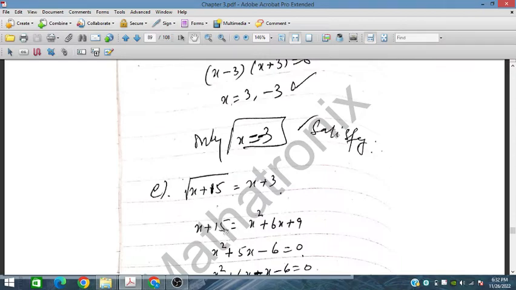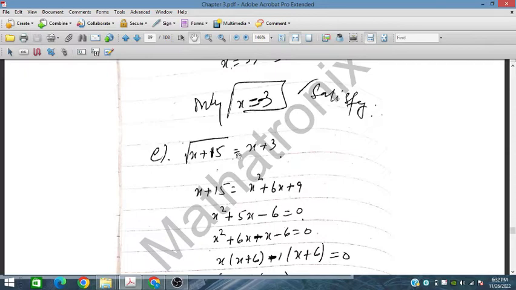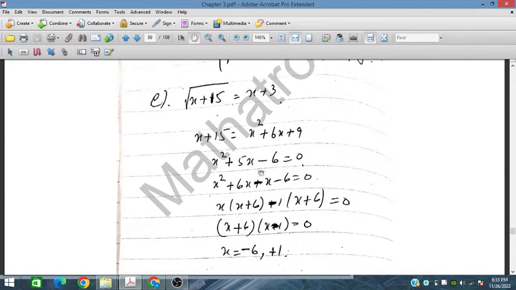Similarly for this one, taking square on both sides, and on this side x plus 15, on this side we have a plus b whole square, this is this, so by rearranging it, x square and then 5x, and then shifted it, minus 6 equal to 0, and then factorize it to get x plus 6 and x minus 1 bracket 0, x is equal to minus 6 and x is equal to 1.